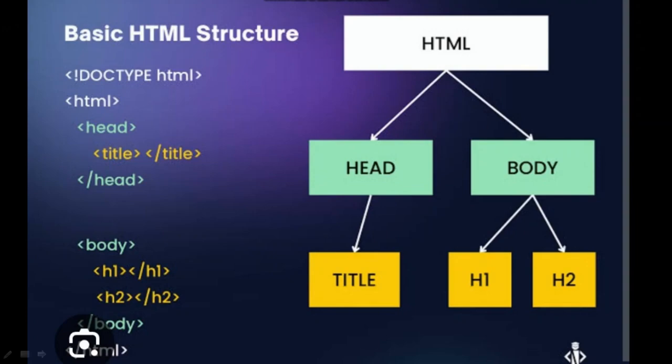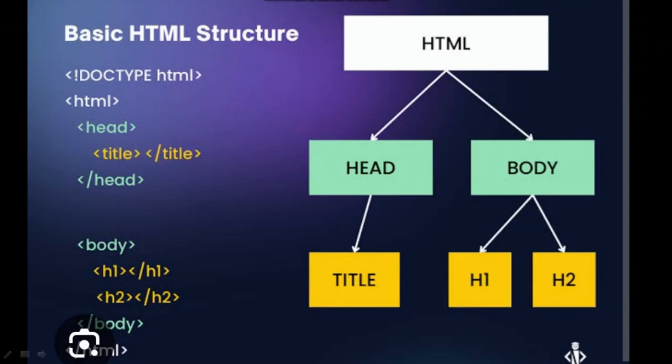Now, basic HTML structure. This is the structure of a basic HTML, whereby we have the doctype, which is the first thing a web page must always have, which tells the VS Code editor that this is an HTML file.